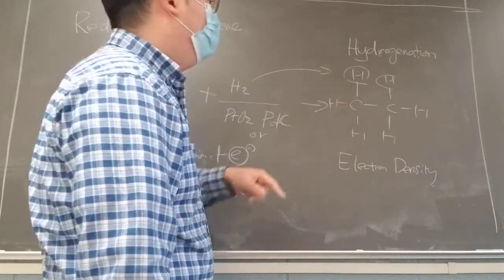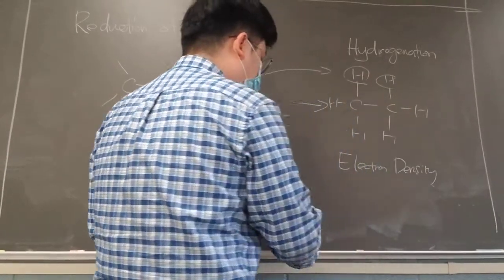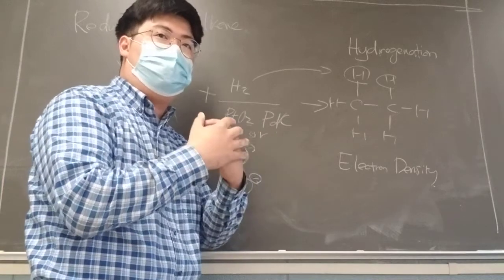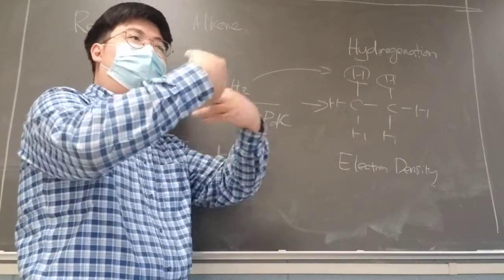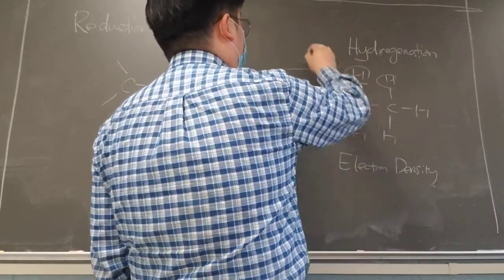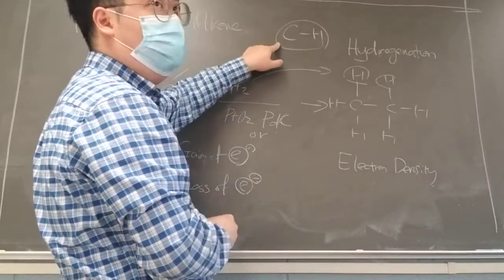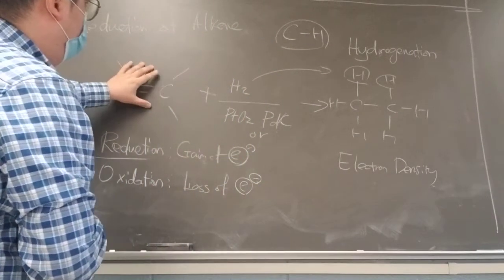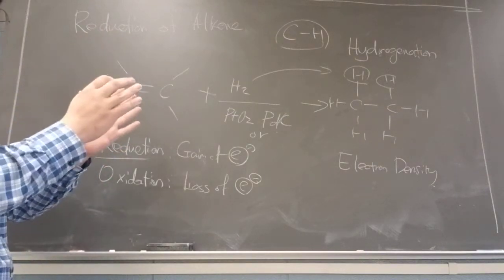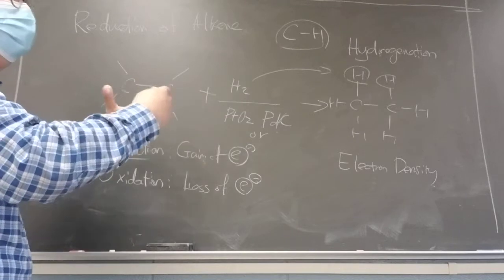When you put hydrogen on the carbon, the carbon has more ability to pull electrons toward itself. So if you're making more carbon-hydrogen bonds, your compound will be more reduced.